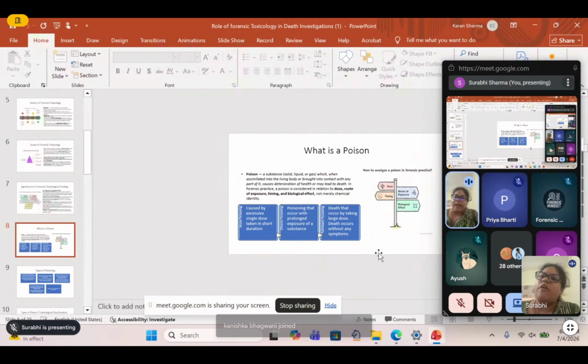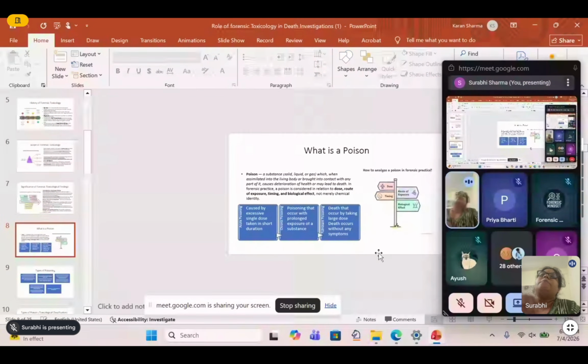Acute poisoning. Acute poisoning means the poisoning effect which is very sudden. Like if you have taken a particular drug and death is caused, then it is known as acute poisoning. Second is chronic poisoning, a poisoning that occurs in your body over a particular period of time. For example, I'll take a very good example, that is Itai-itai disease, Minamata Bay disease.